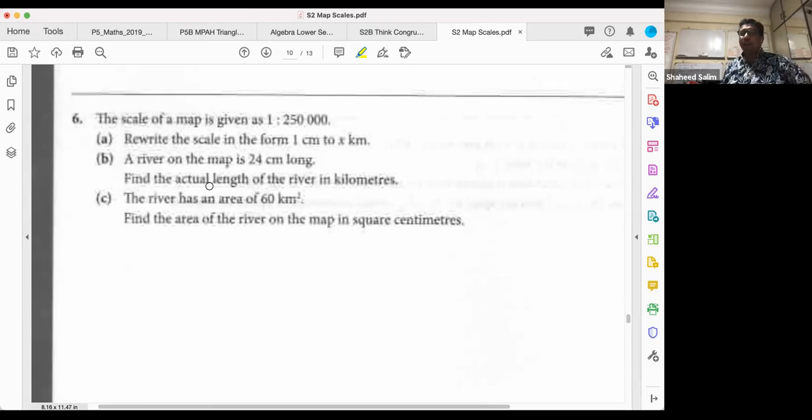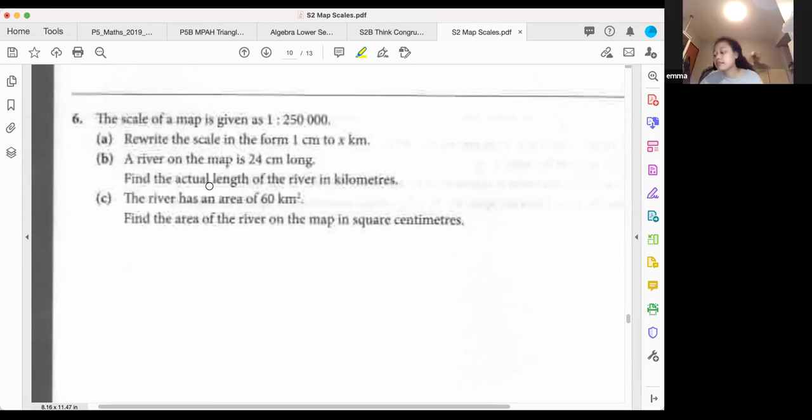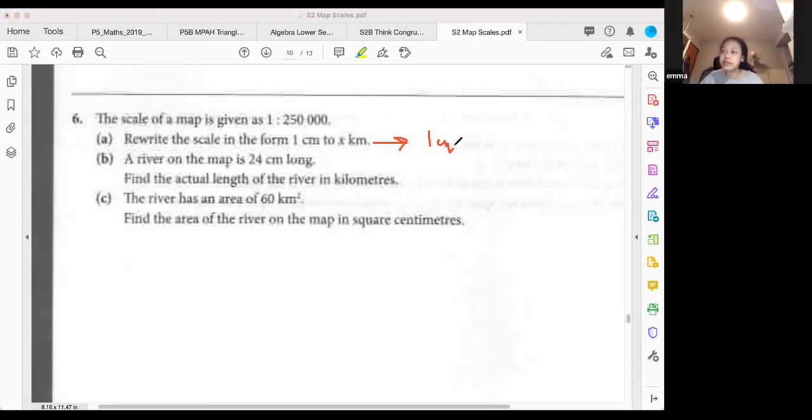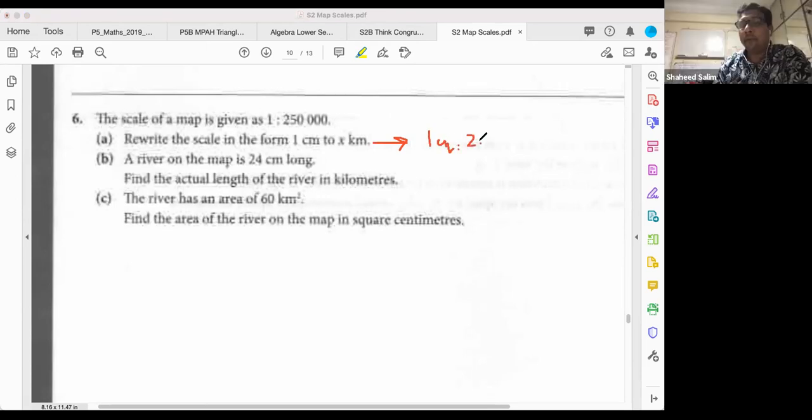Remember what I told you just now? 1 km is 100,000. 2 km therefore is 200,000. 2.5, yes. Straight away you can do. What you see now, you don't even need to calculate. You tell me what's the answer now. 1 cm to 2.5 cm. Well done, well done. You done it, B.